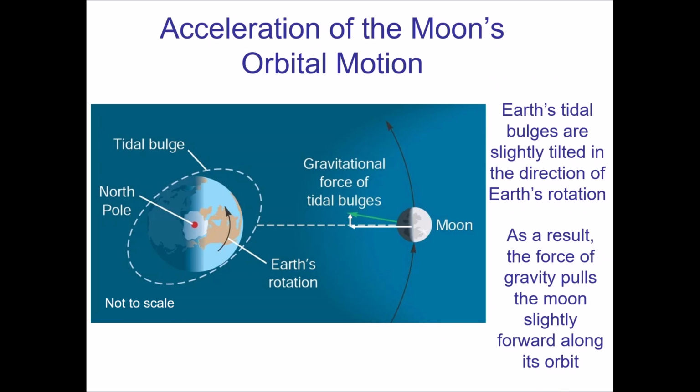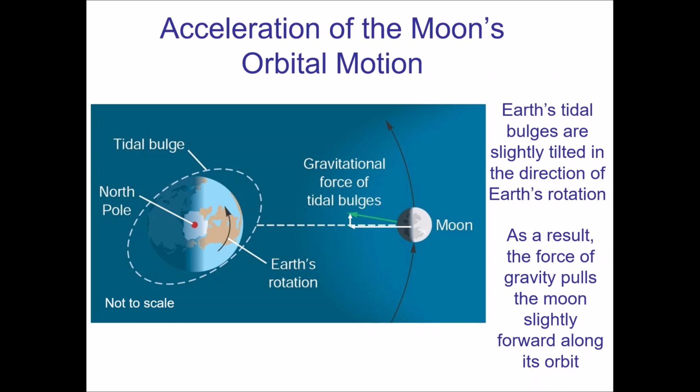Now, what happens when objects speed up in their orbits is that they compensate by having a larger orbit. This causes the moon to drift away from the Earth. It's not huge, but it's measurable. The moon drifts away approximately a few centimeters every year.